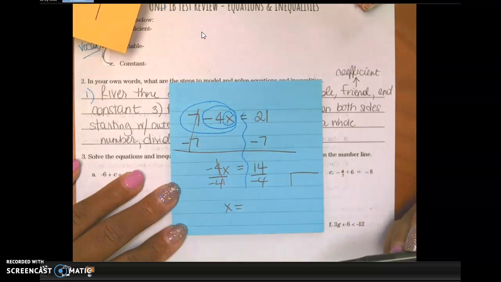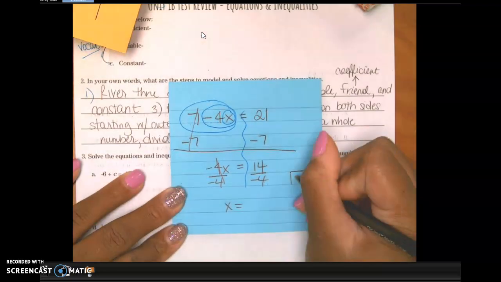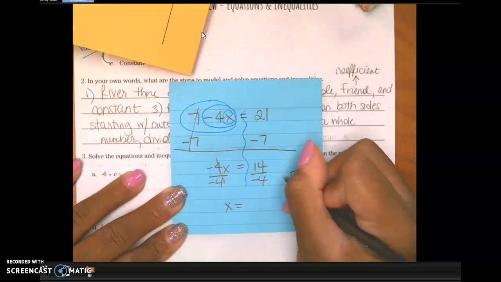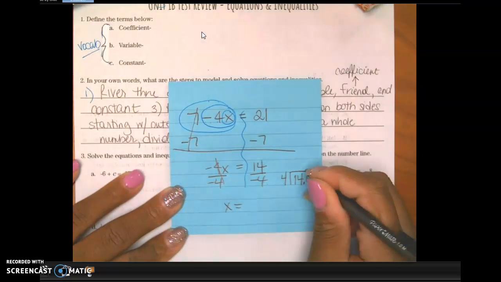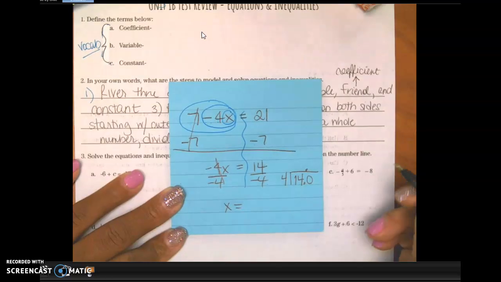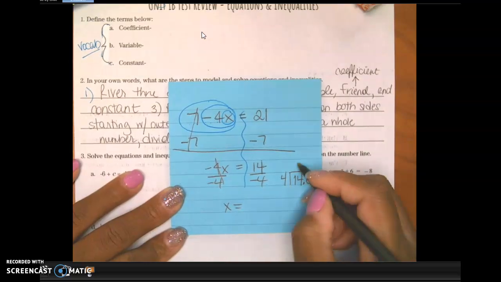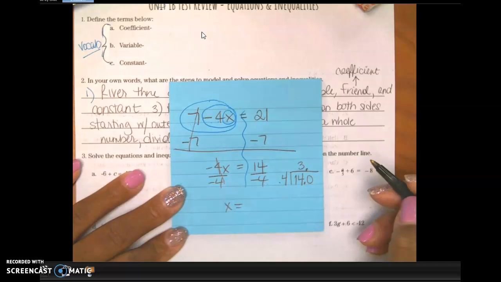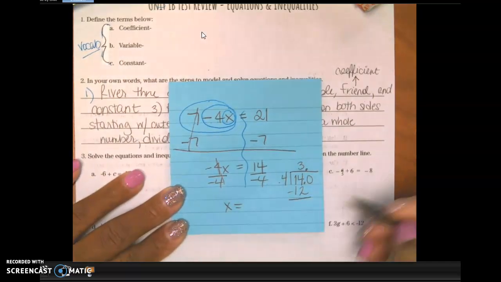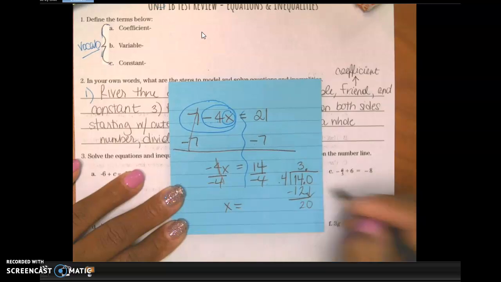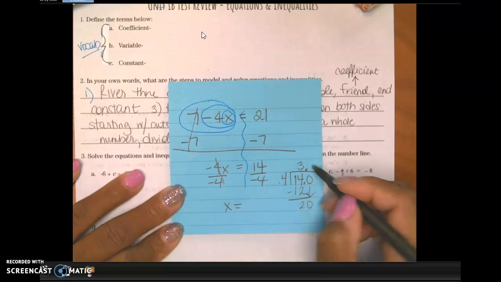Who goes in? Who goes out? 14 goes in, 4 goes out. So, 4 into 14. 3 times 4 is 12. 14 minus 12 is 2. And then bring the 0 down. 4 and 20 is 5.